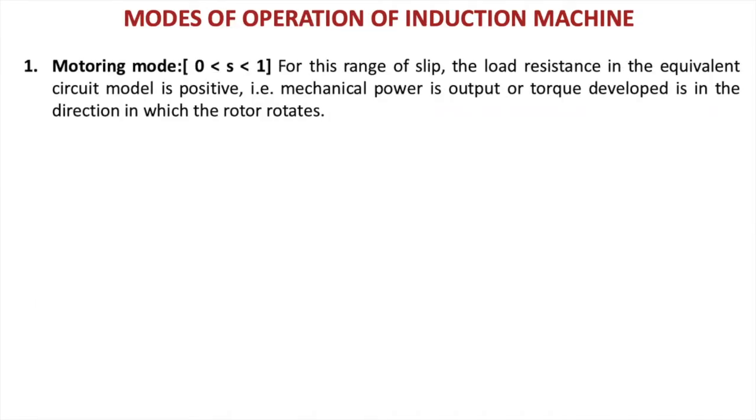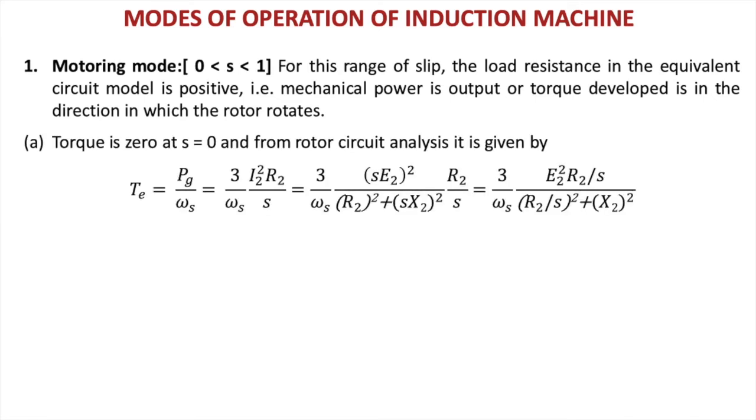Now we'll discuss one by one. In the motoring mode, the slip has to lie between 0 and 1. For this range of slip, the load resistance in the equivalent circuit model is positive, that is, the mechanical power is the output, or the torque developed is in the direction in which the rotor rotates.